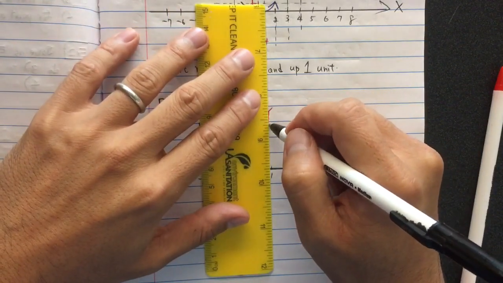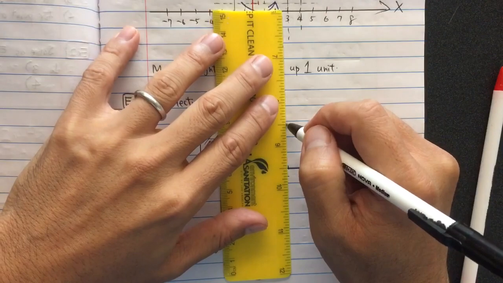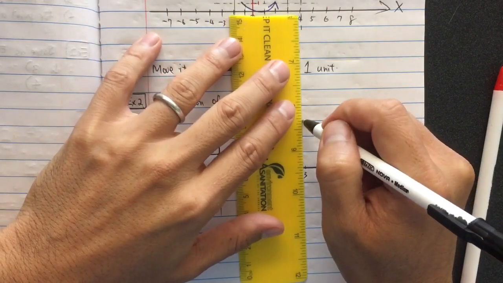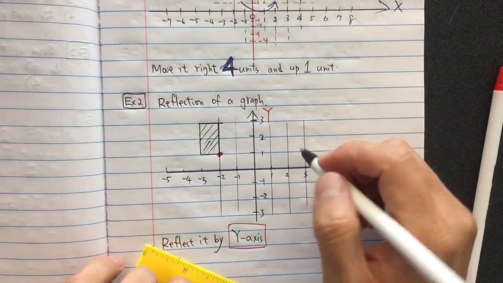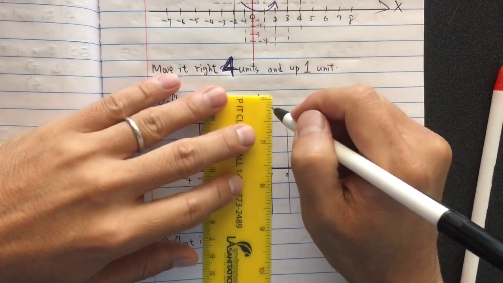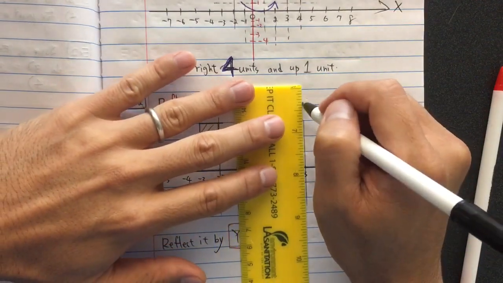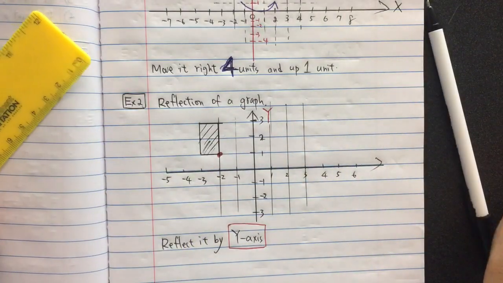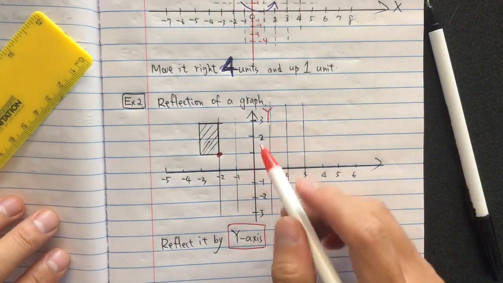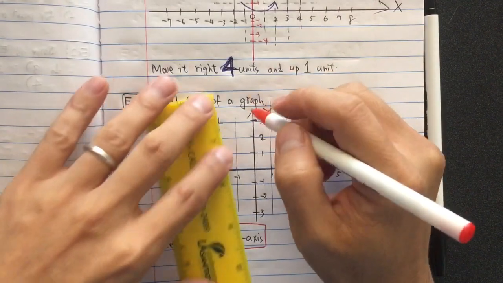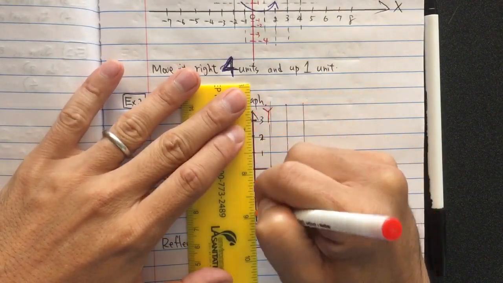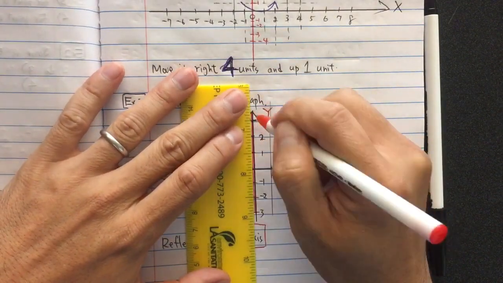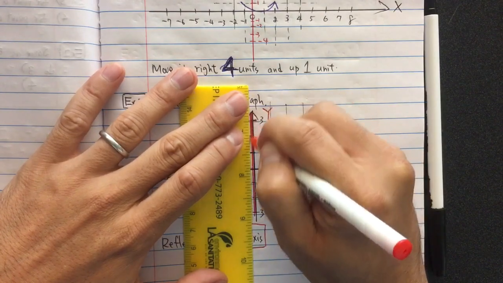Make a thin line. So now this point is reflected by y. This is the y-axis. Please use a ray.